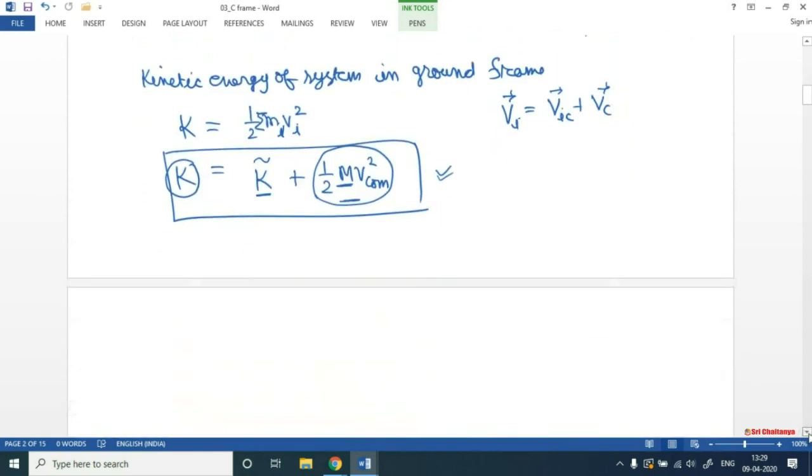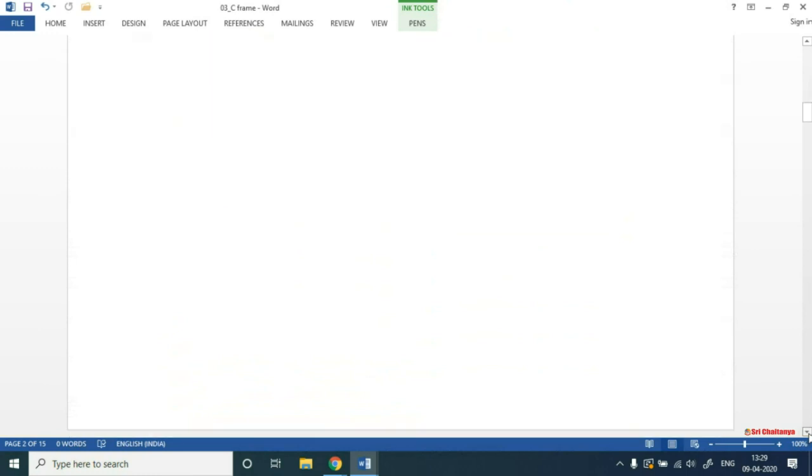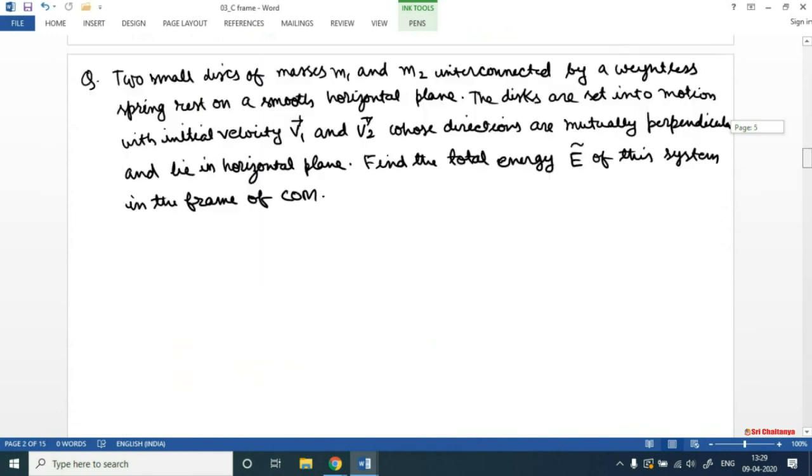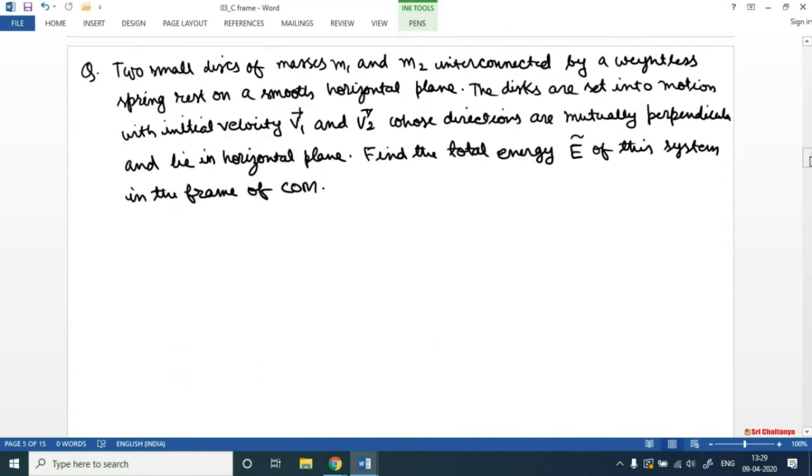Let's very quickly try to solve one simple question. This problem I have taken from the Irodov book, and it is a very simple one. It says two small disks of mass m1 and m2 interconnected by a weightless spring rest on a smooth horizontal surface.